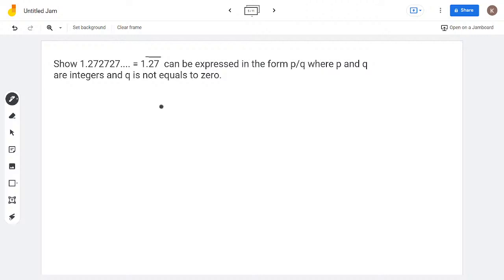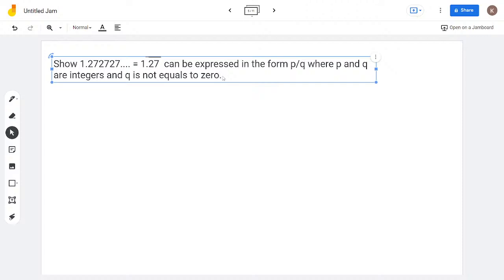We need to show 1.27 bar can be expressed in the form of p by q. And how are we going to do this? We are going to work it out, just like the example I gave in the very first slide.